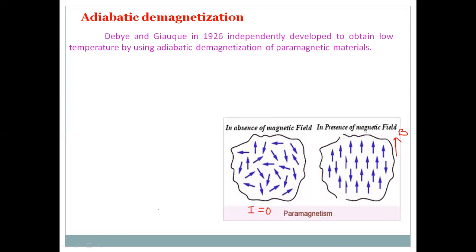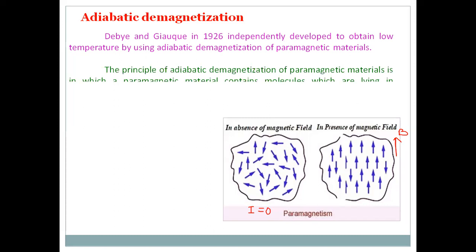So most of the molecules are in the direction of the magnetic field, so it has some permanent magnetic moment and contains some intensity of magnetization. When these molecules are aligned into the direction of the magnetic field, some work is required to move them. Of course, due to this movement of molecules, the temperature slightly increases.